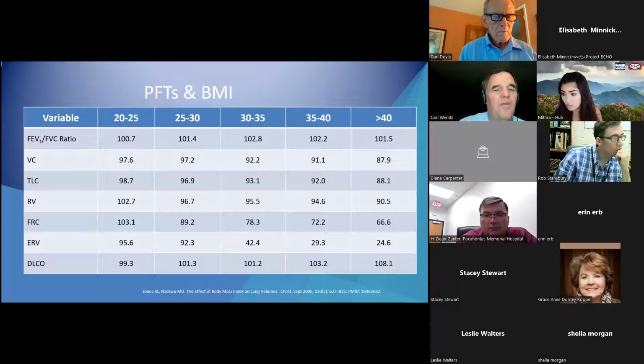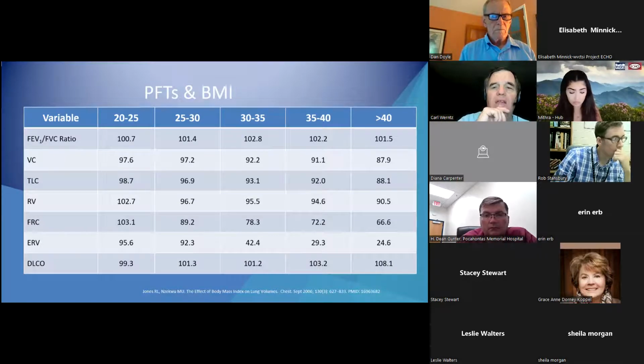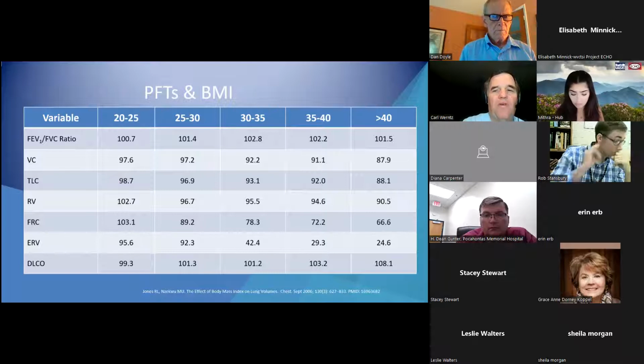If you go up to the vital capacity, in Europe they use a slow vital capacity, whereas we use a forced vital capacity, but at the end of the day they should give you about the same end point. You'll notice some drop off in vital capacity as you go to higher weights, but you're still in the 90% range until you get above a BMI of 40.